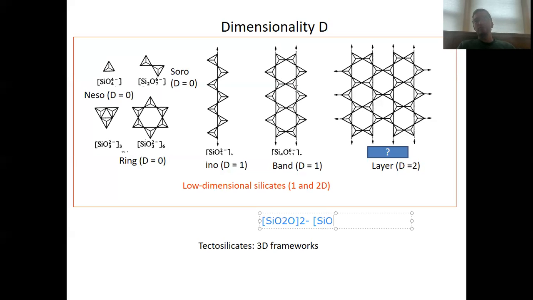So 3 times 0.5 gives 1.5. SiO, let's say 1, O 1.5. Now what's the charge at this tetrahedron? Well, that only has a 1 minus charge.